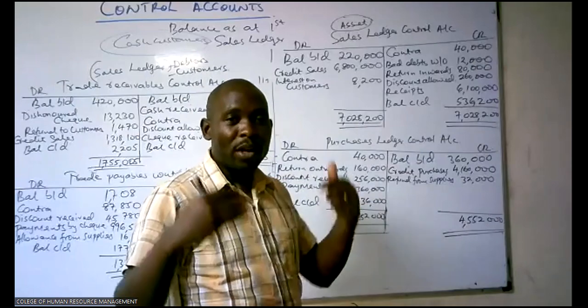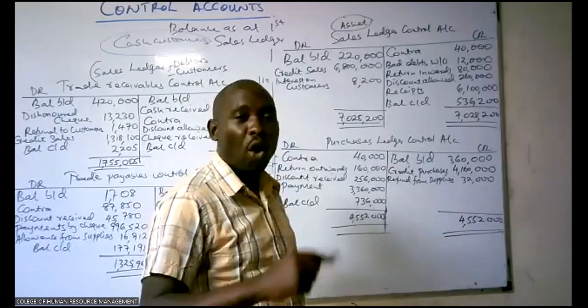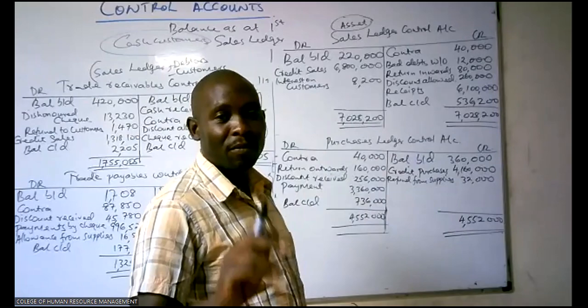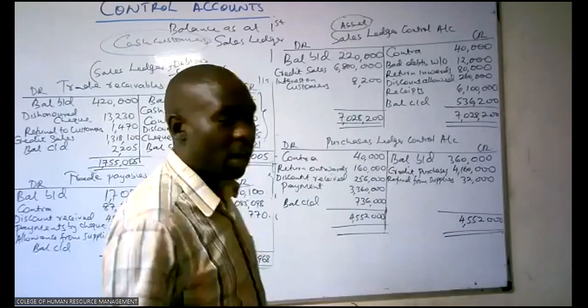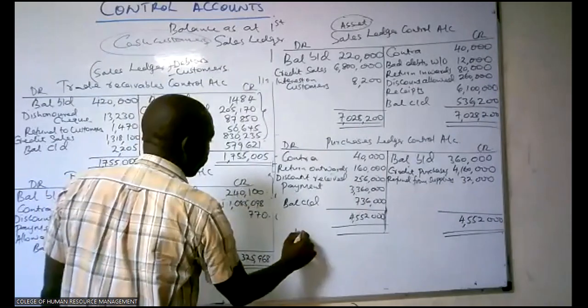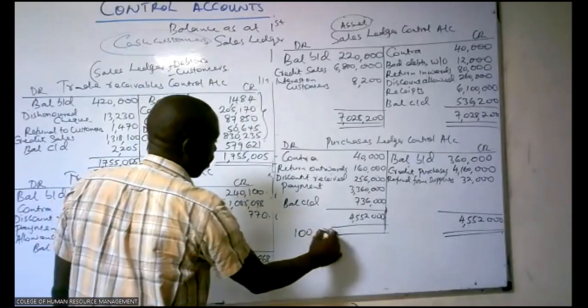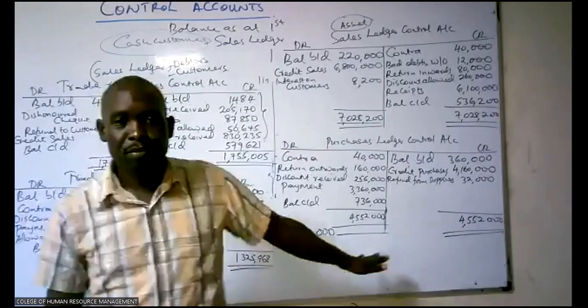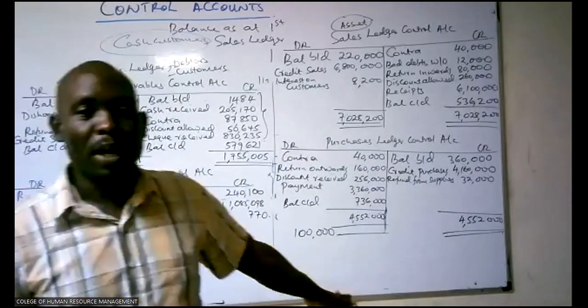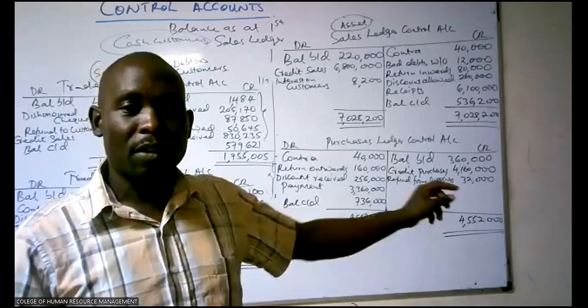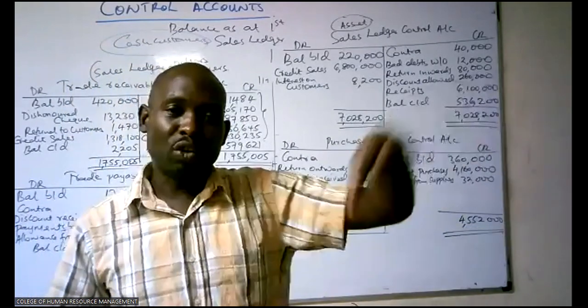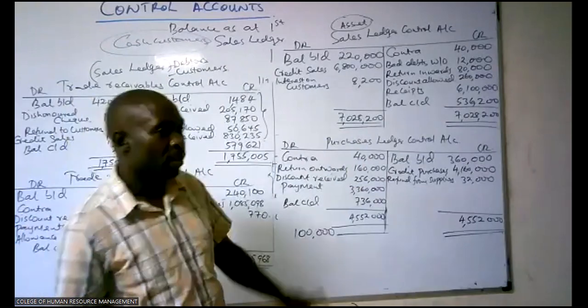From our own calculation, we know that by the end of the financial year we are supposed to clear all the suppliers by a total of 100,000. If we pay all of them, we need to pay 100,000: 20,000 to one, 15,000 to another, but collectively, this.